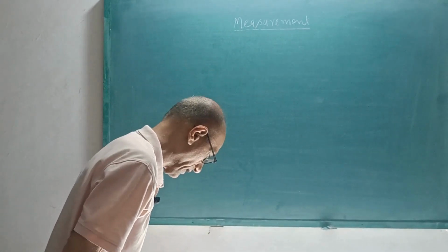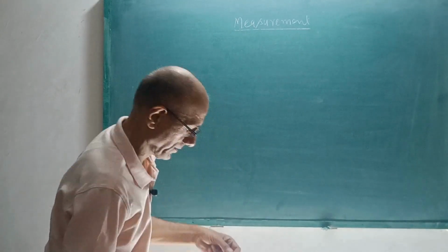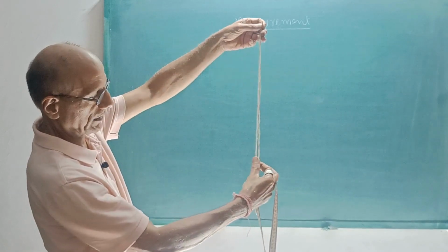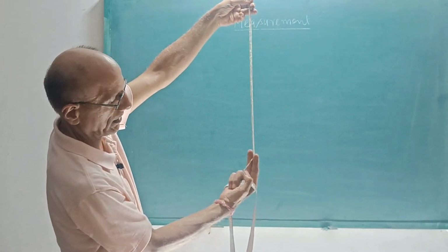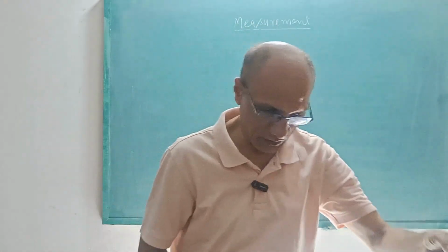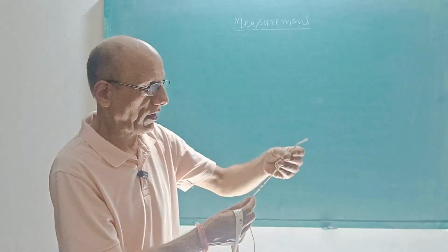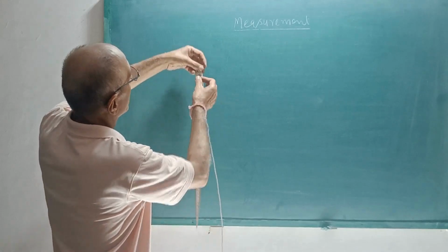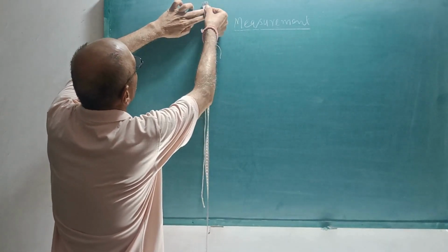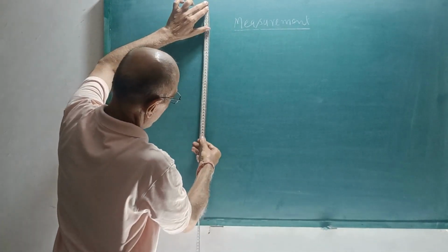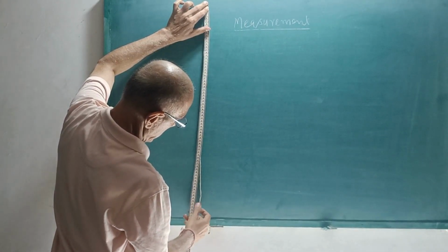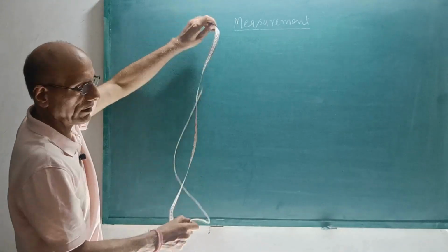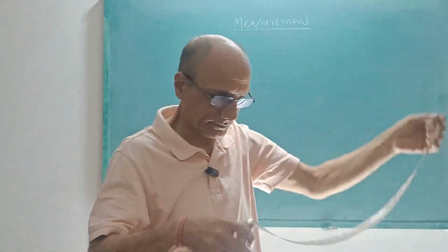So this is 54 and that was 58. Just see, this was shorter and this was longer. Okay, and now we'll have the third one. How long is it? Let us see. This is 72.